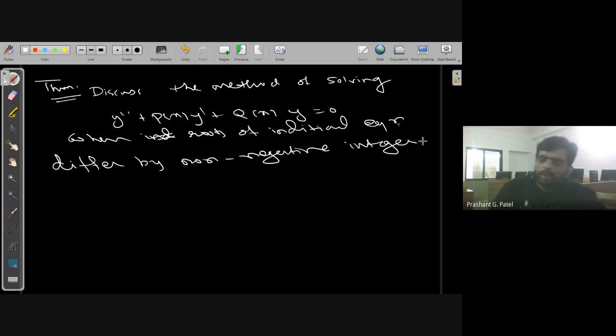That means what will happen if it is an integer? What will be the method and how do we calculate? This is the thing we can have.